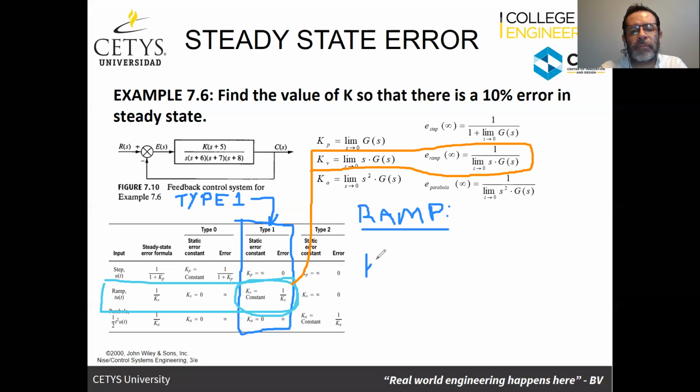And KV is going to be equal to the limit when S tends to 0 of S times G of S.